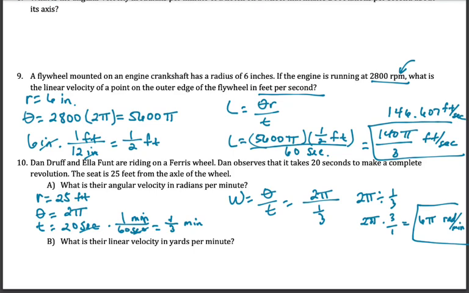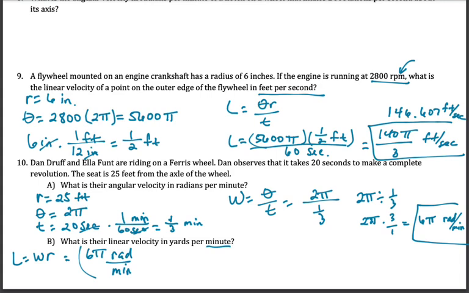Now we need to know what the linear velocity is in yards per minute. So linear velocity formula is your angular velocity times the radius. So we figured out our angular velocity was 6 pi radians per minute. So we've got the right units for time.